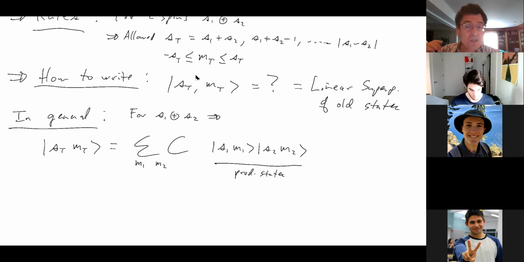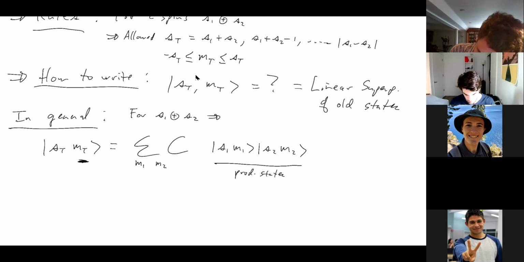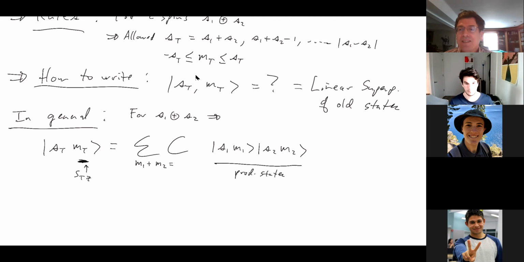But it's a restricted sum, because remember the new eigenstate is an eigenstate of S total Z. It has a well-defined S total Z. So that means that M1 plus M2 has to equal what? Now I'm asking, yeah?